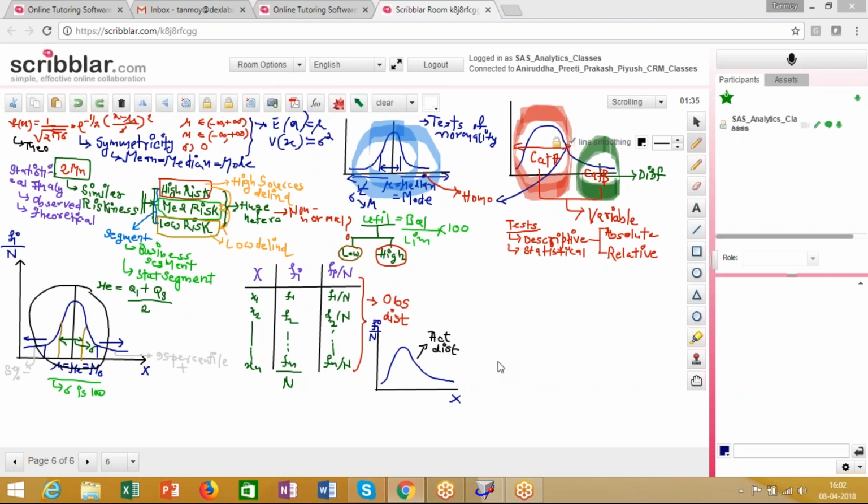Let's take the case of a portfolio loss distribution. Let's talk about the portfolio loss distribution.